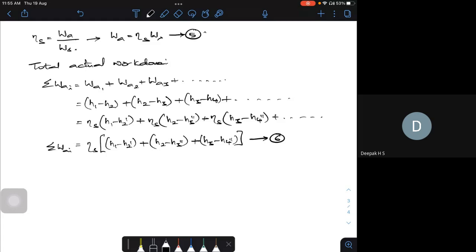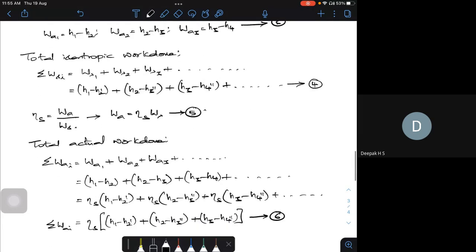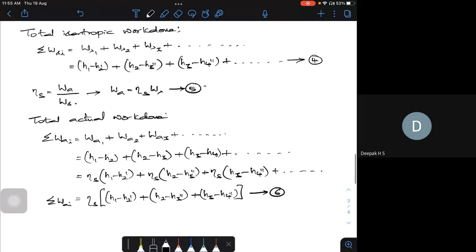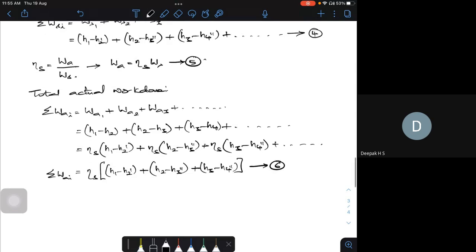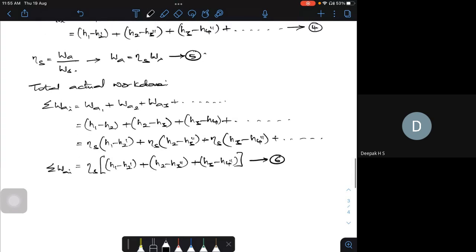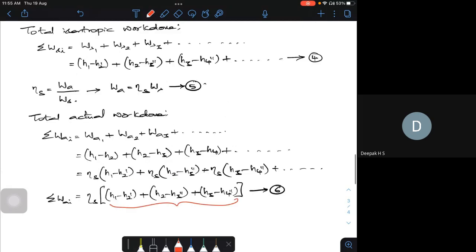So I have written the expression for your total isentropic work done, the stage efficiency, and your actual work done. Now, if we look at it, this one is equal to this one, that is your total isentropic work done.